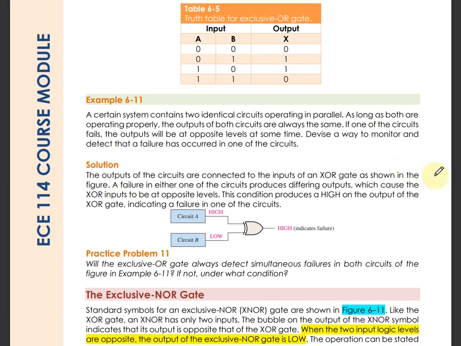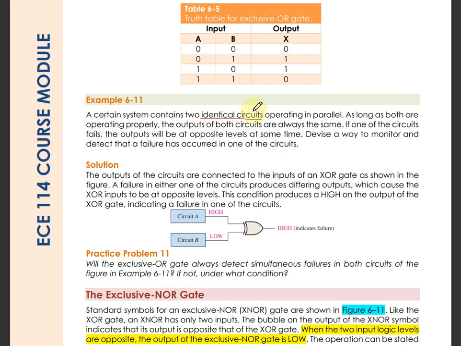Okay. So example, so a certain system contains two identical circuits operating in parallel. So two identical circuits, meaning you can identify or you can distinguish the two circuits, no? Kay identical man, meaning makabalo mo kung unsa to siya nga circuit, no?